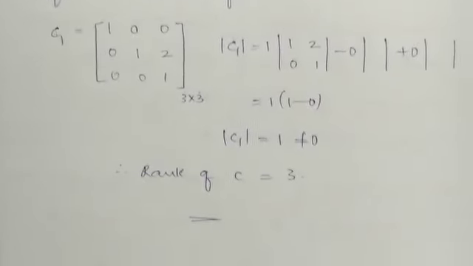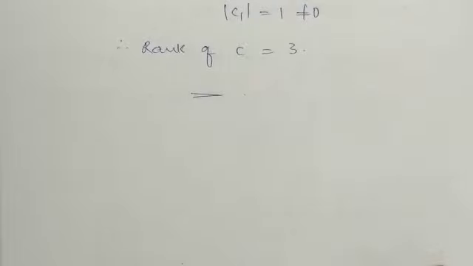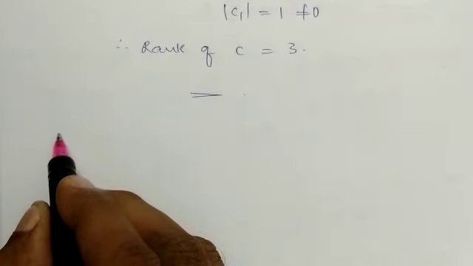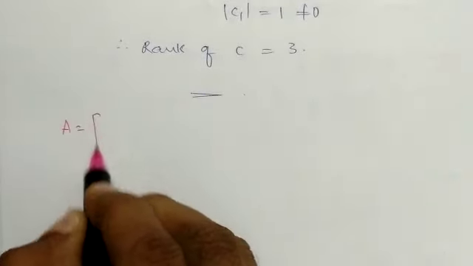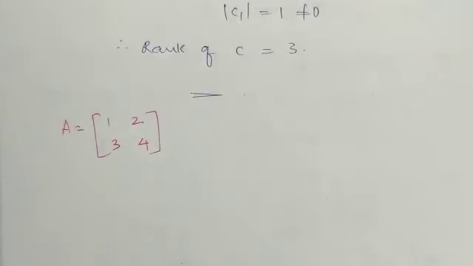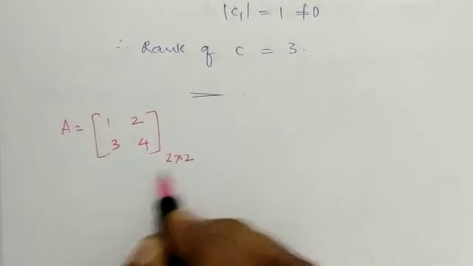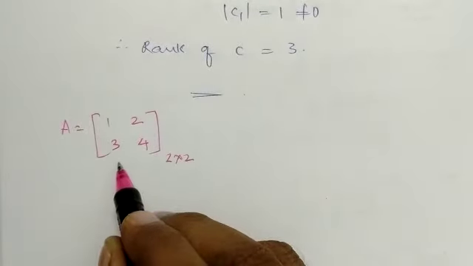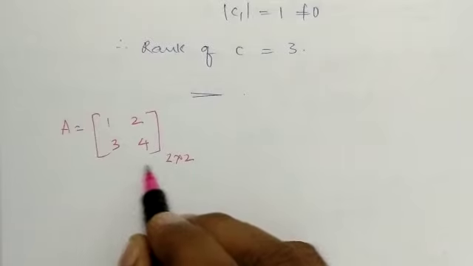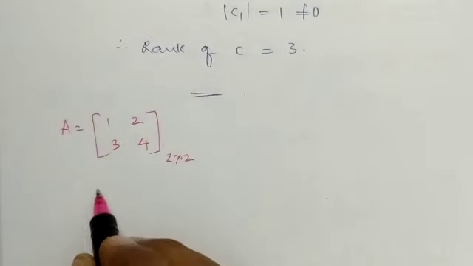Let us go for one more example. A equal to 1, 2, 3, 4. What is the rank of this matrix? We know that this is a square matrix. The highest square submatrix is 2 by 2.